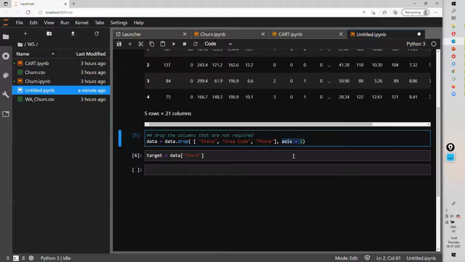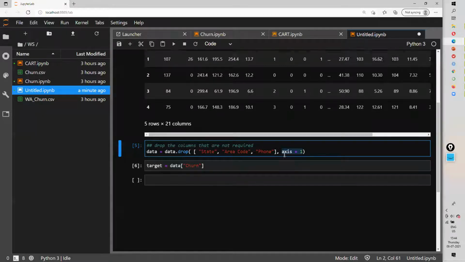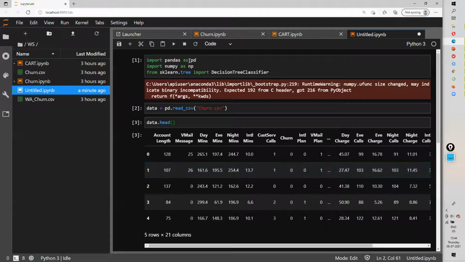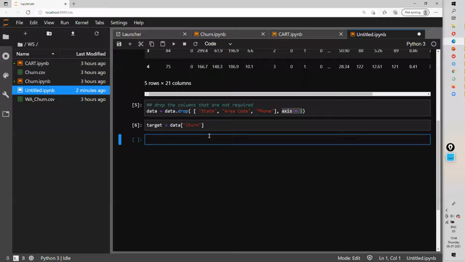That tells us that from the data frame, we are trying to drop the column, not the row, right? So that's part of your data frame operation. If you have to learn more about it, try to get a basic course on pandas and how to use pandas in Python for data management. So you would be able to easily learn what steps I'm trying to do here, okay?